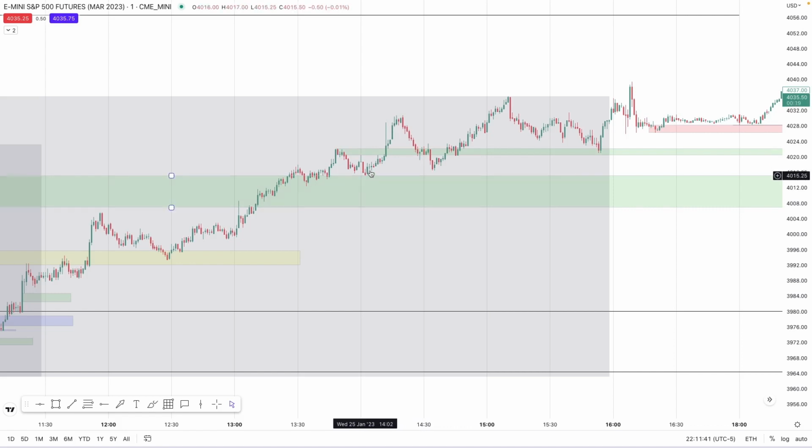Price uses this order block right here to come back down to, eventually working its way up and taking out this buy side liquidity, which was another really good play right here. Very, very high probability setup in my opinion.